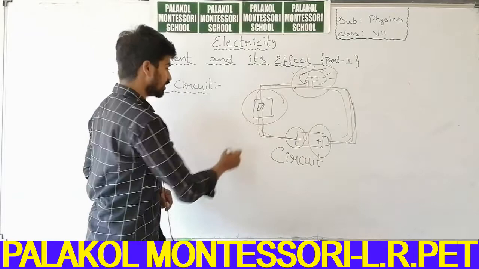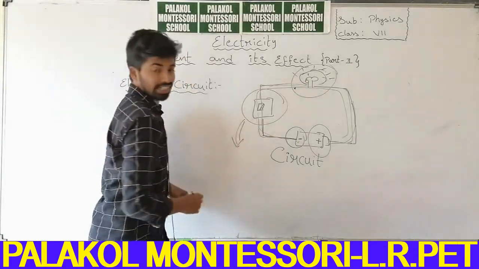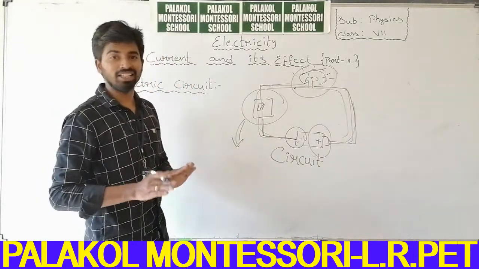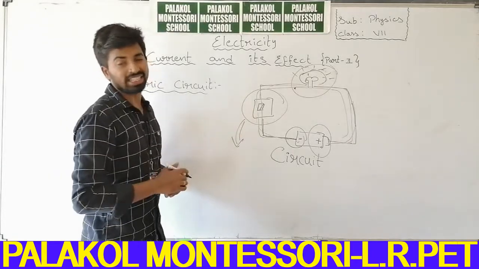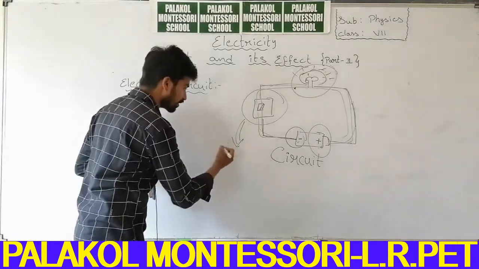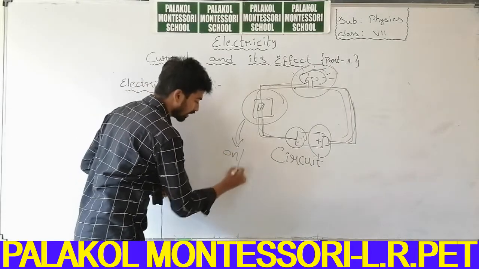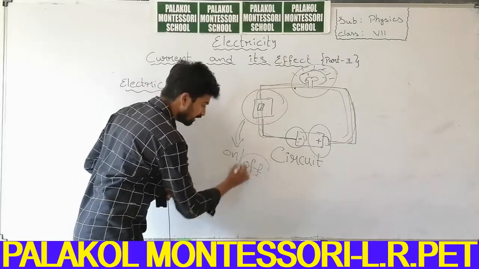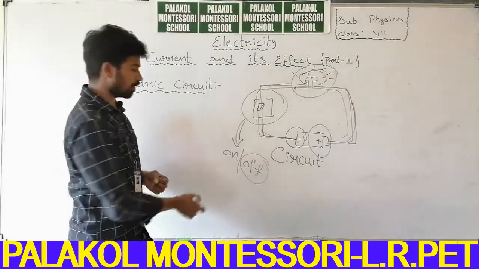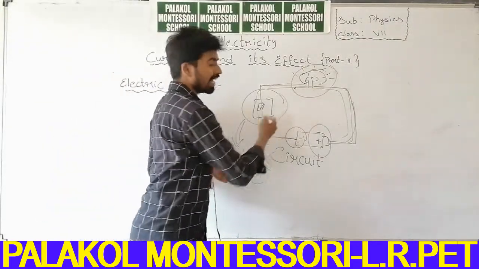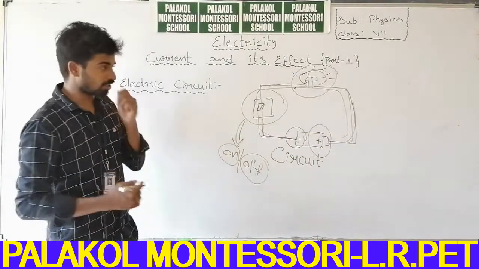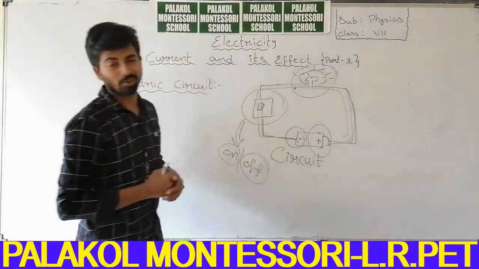Here the light utilizes electric energy, and the switch stops or allows the electricity. The main function of the switch is on and off: off means it stops the electricity, on means it allows the electricity. So we call these electric components.